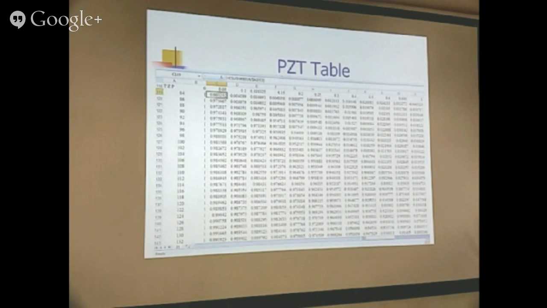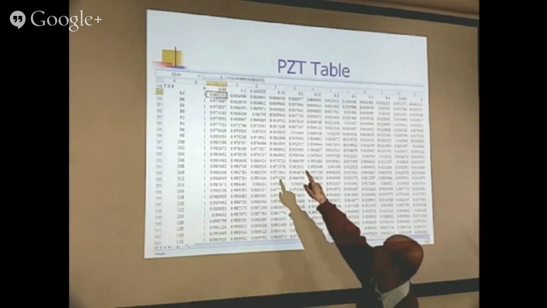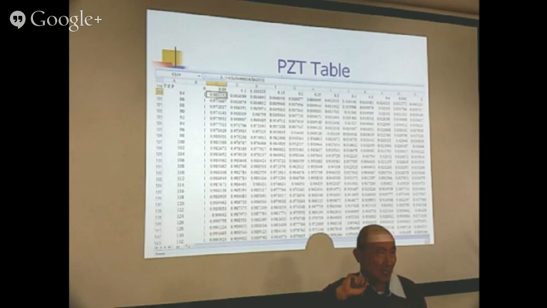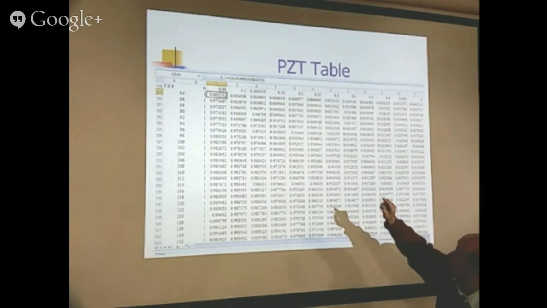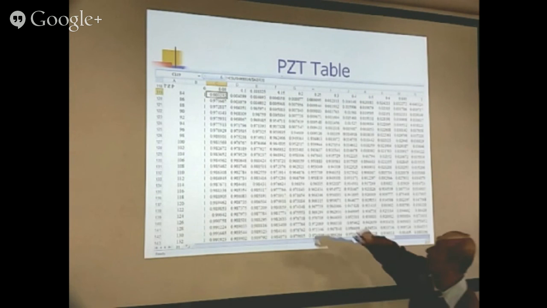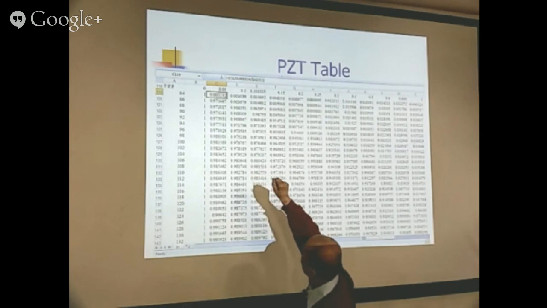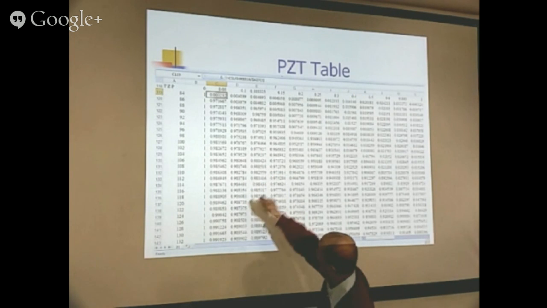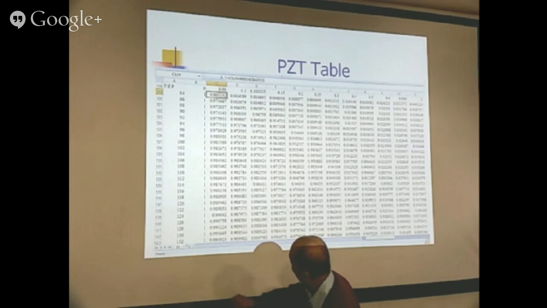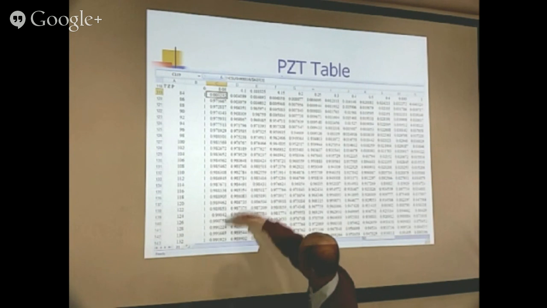Okay, so this is the PZT table. Notice that in the first cell, I have this array formula. If you enter that array formula into the first cell, and then see the little cross at the lower right corner, if you use your mouse and drag that little cross across the whole column, the whole column gets filled up.